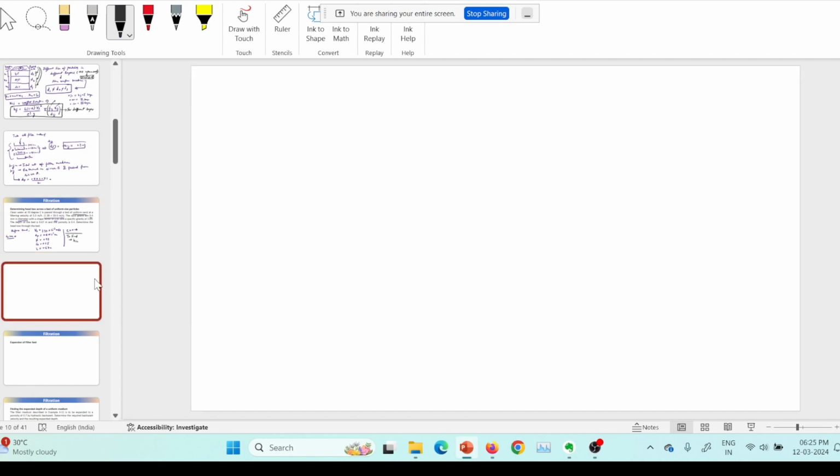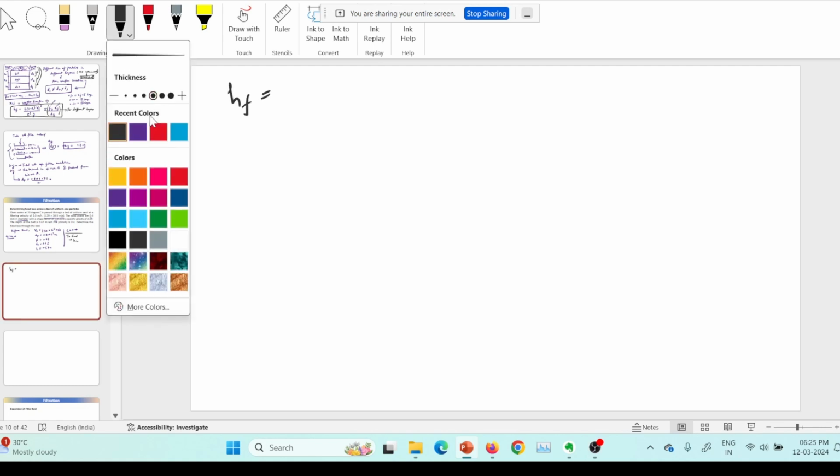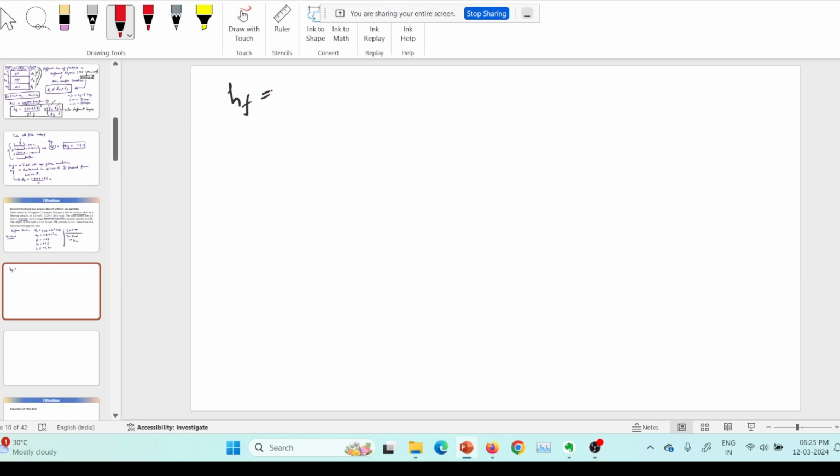This you will calculate. The head loss formula we know. For finding the head loss, we should know f', and to find f', we should know Re.